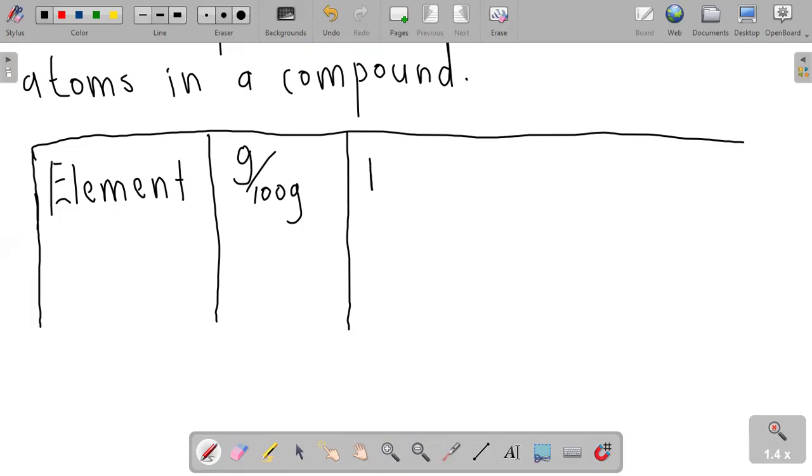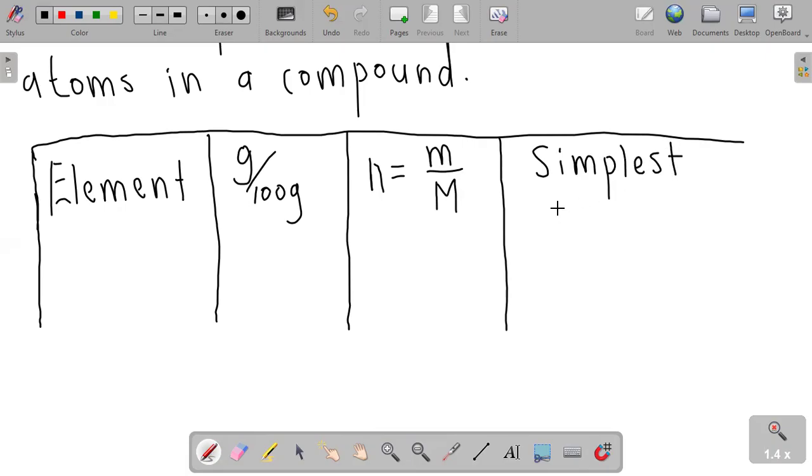From there, we have the number of moles, which is mass divided by molar mass. And the last column is the simplest ratio.